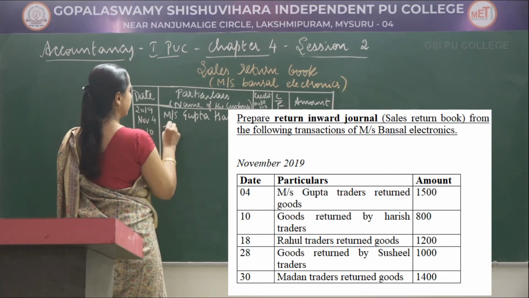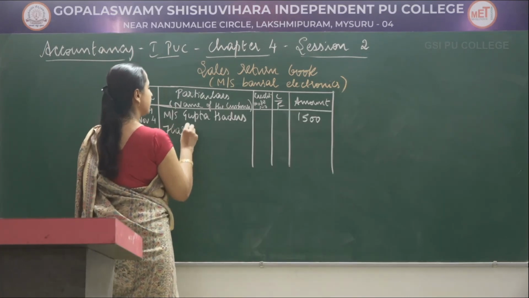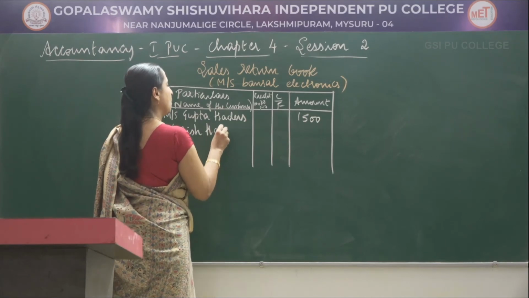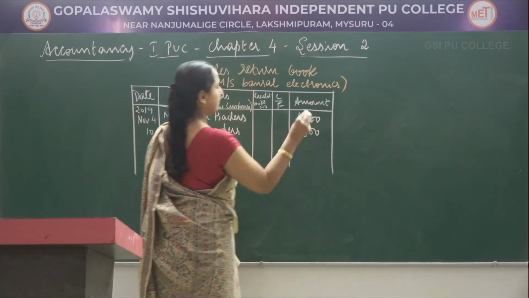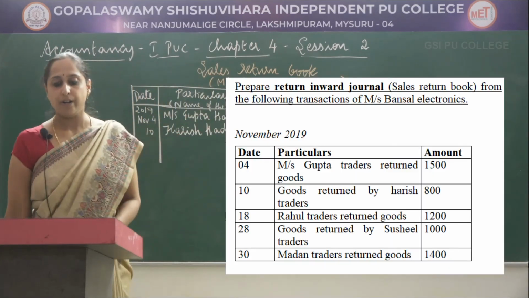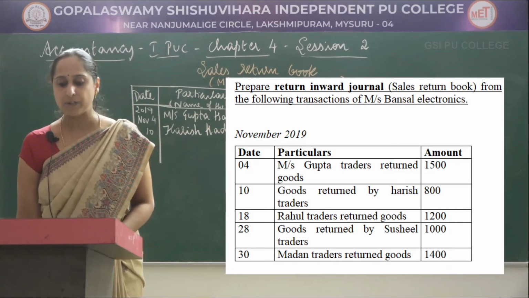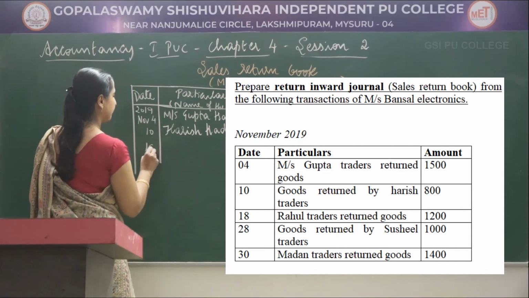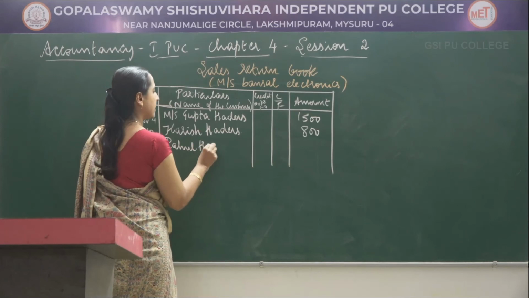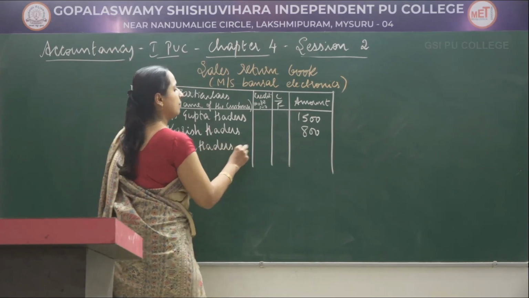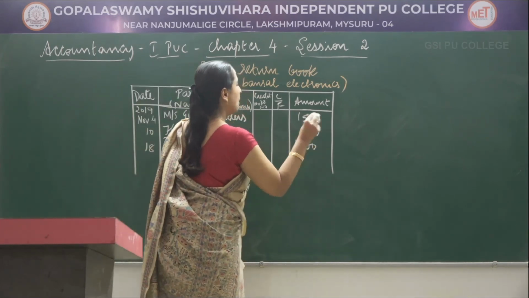On November 10th, Harish Traders returned goods worth rupees 800. On 18th, Rahul Traders returned goods.